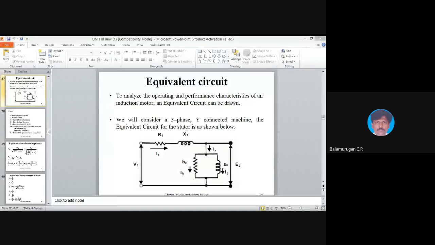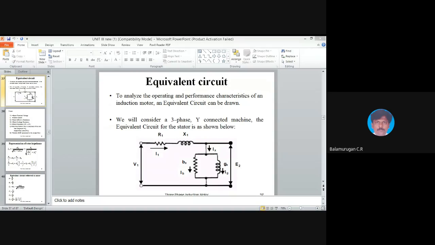Here we'll have some losses: core losses and copper losses. So we give the input, and if we subtract these losses, we'll get the rotor input. That is, power input minus power losses in the stator gives the rotor input. And in the rotor we'll again have losses, and if you subtract these losses you will get the mechanical output.